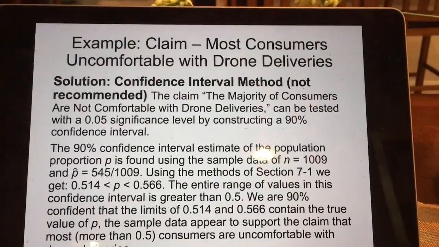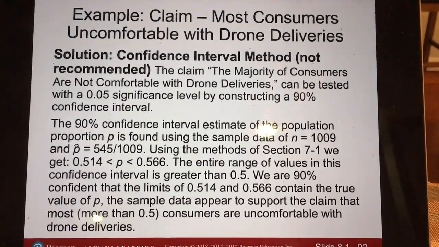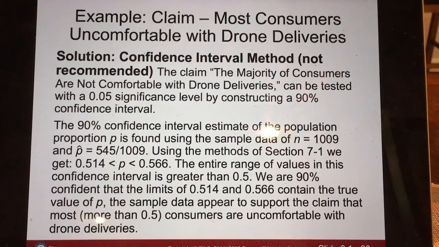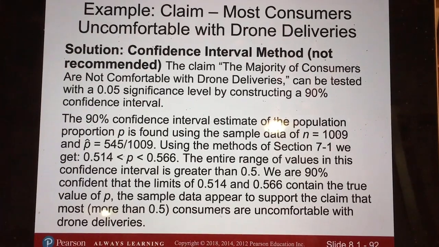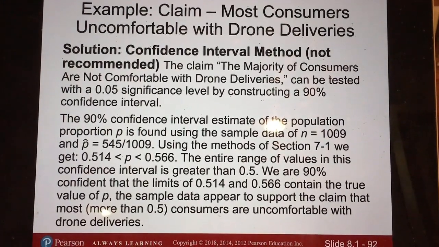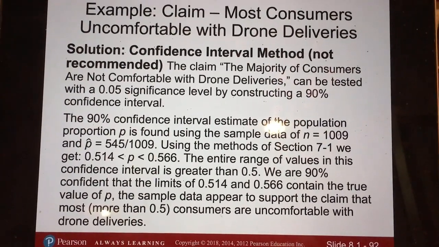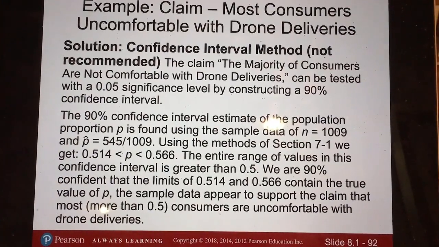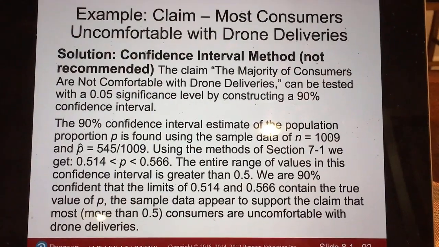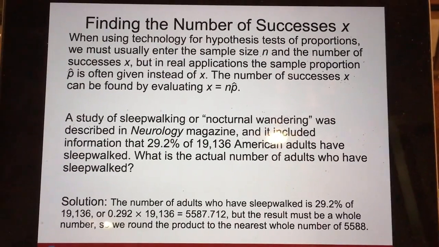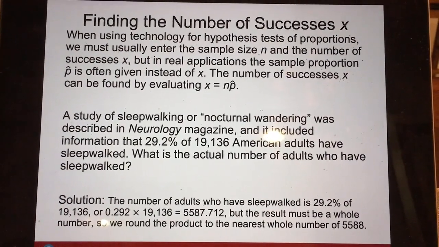Remember, the confidence interval method is not recommended. So, it's there for you, but it's just kind of discussing it. But the book doesn't really encourage you to use the confidence interval method with proportions, so we're just going to go on.